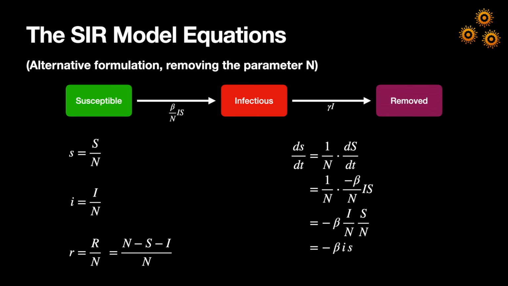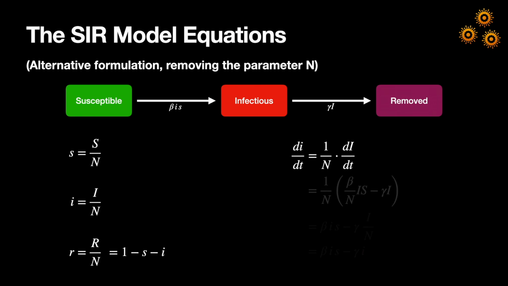Take a moment and do the same thing for little i. So figure out di/dt. All right, here's what I hope you got. Just like before, it's going to be the original dI/dt, but divided by N. So when we set up that equation, we have 1 over N times the original right-hand side for dI/dt.